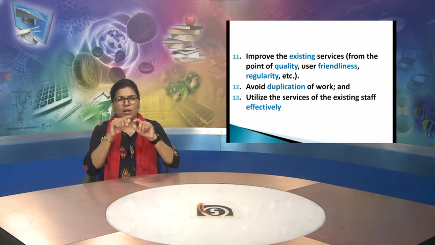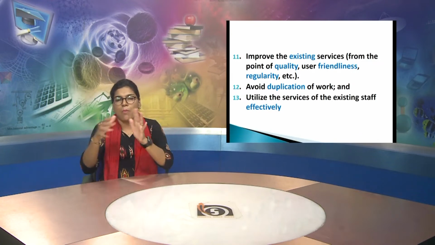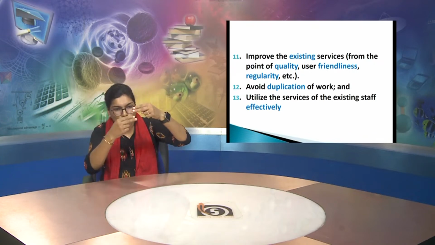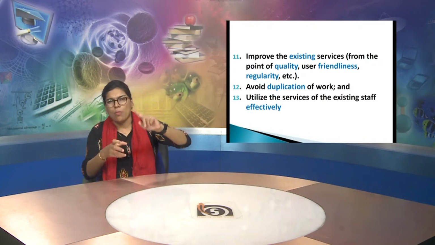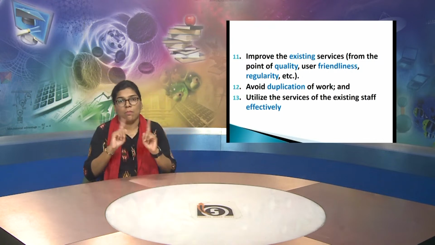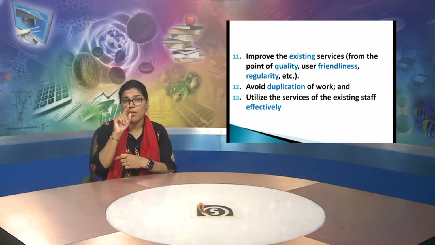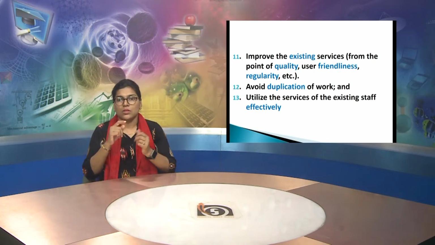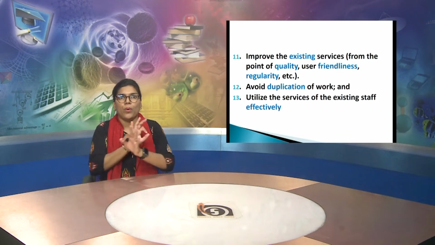Point number 12. To avoid duplication of work, it is important that we keep a track of all the work which is done and which is in process. Point number 13. Utilize the services of the existing staff effectively.